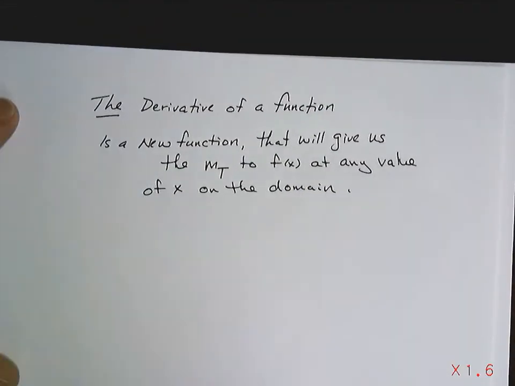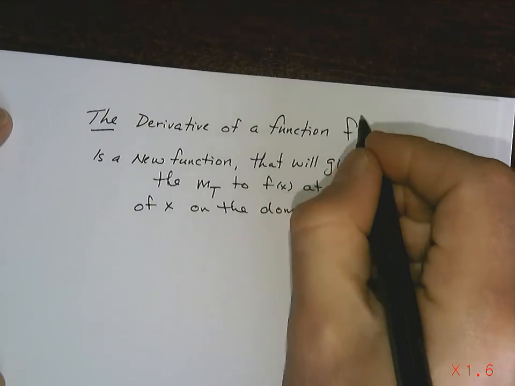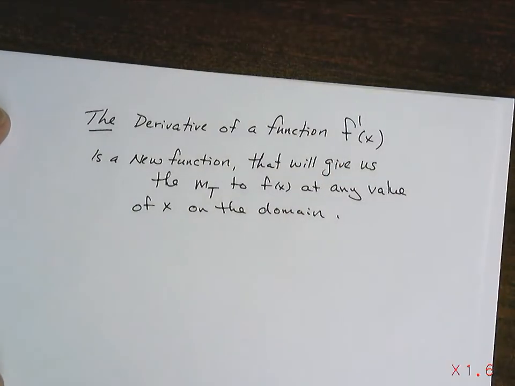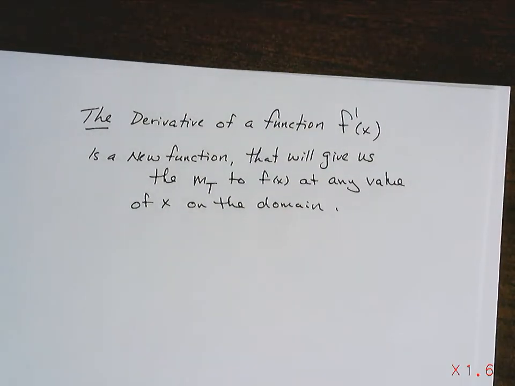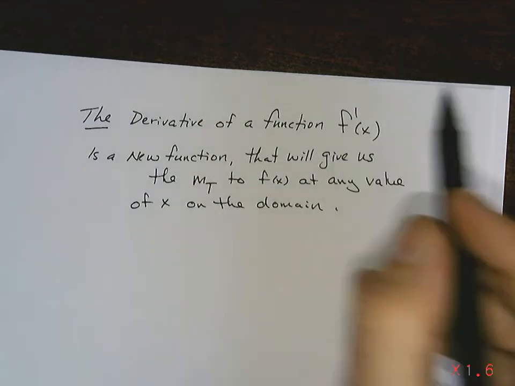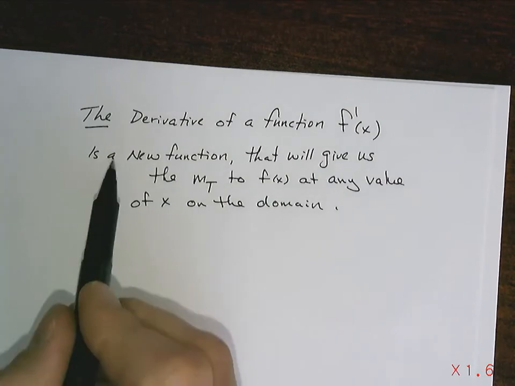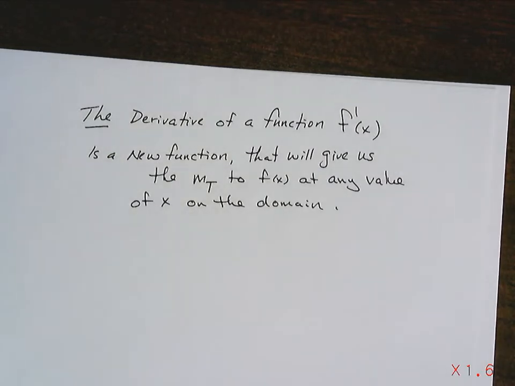And this new function looks like this, f prime of x. So the derivative of a function, which we write as f prime of x, is a new function that will give us the slope of the tangent to f of x at any value.